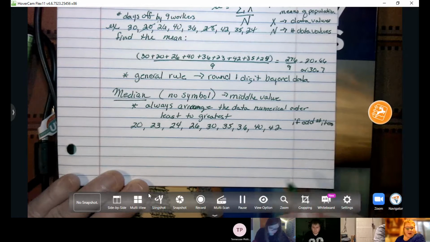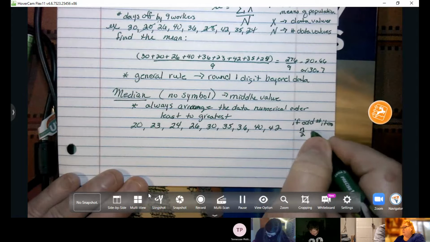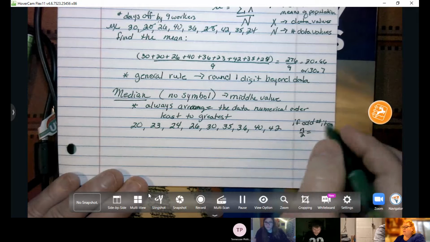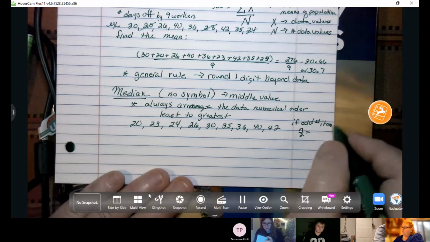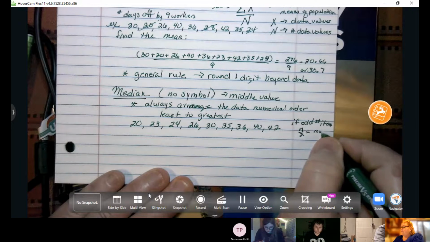So when you have an odd set of numbers, you have your number of items divided by 2. And so your middle value, you're going to round up.